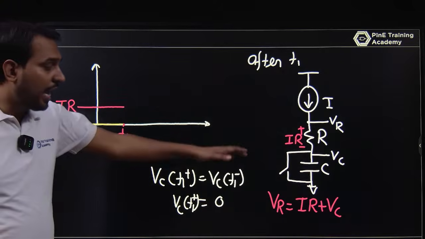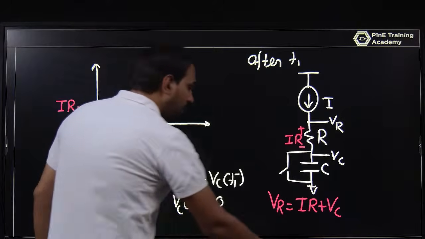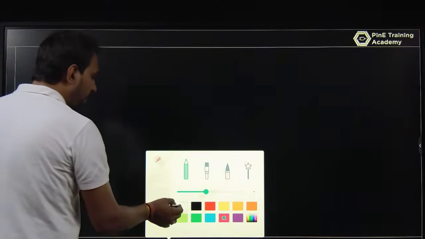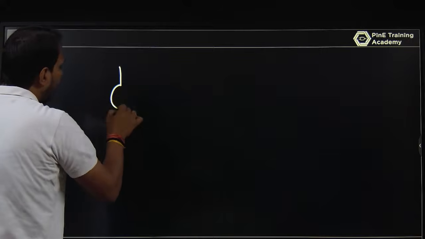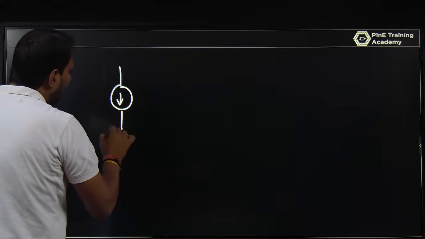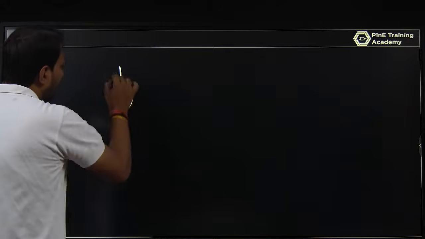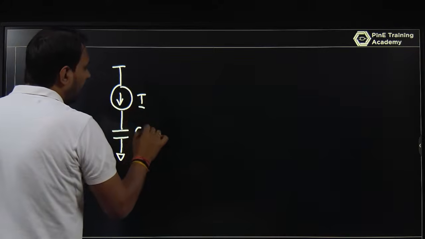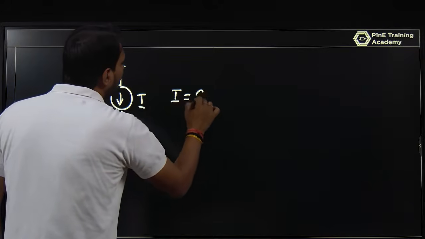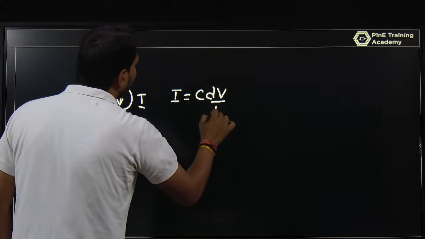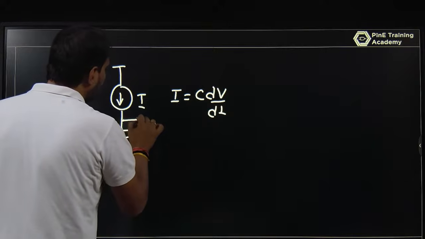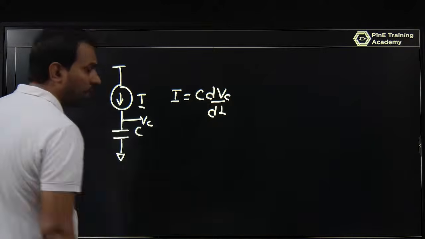But if you talk about the capacitor, whenever you have a current entering a capacitor, I is equal to C dV by dt. Let this be VC, so I am writing VC here.